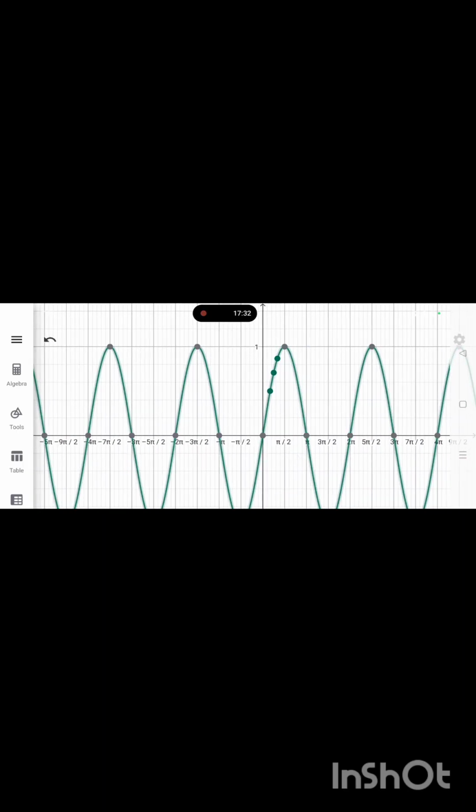Sine 0, 0, sine 30 degree 1 by 2, 0.5. Next sine 45 degree 1 by root 2, approximately 0.7. Next sine 60 degree root 3 by 2, approximately 0.8. Like 0, 0.5, 0.7, 0.8, next one, sine 90 is 1.